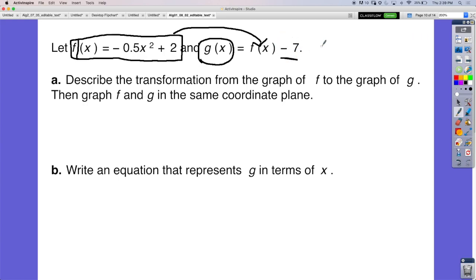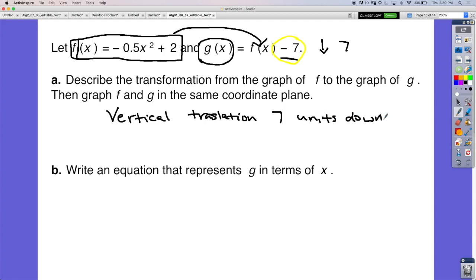It's going to be moved down by 7. That's what's happening. It says to describe the transformation from here to here. How do I know it's moving down by 7? Because these are my directions right here. So here's what you're going to write. Describe the transformation: it is a vertical translation 7 units down.